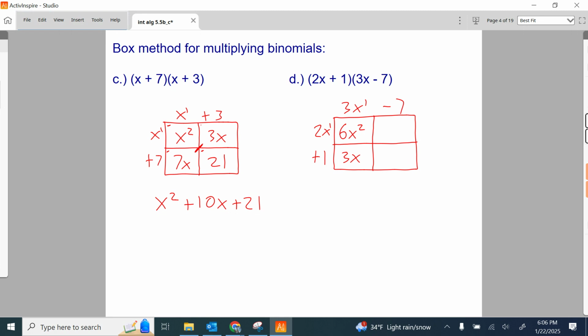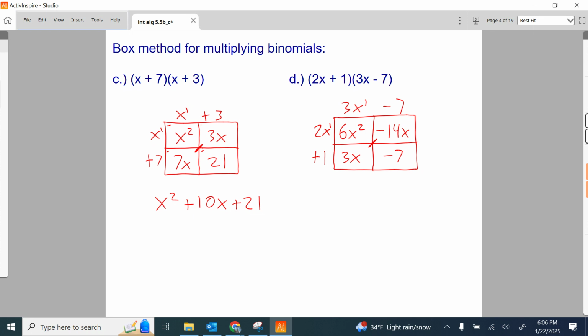Top right in my box is going to be 2x times negative 7, or minus 7, so that's going to create minus 14x. And in my lower box here, I have positive 1 times minus 7 is going to create minus 7. All right, I have all the parts of my box filled out. Diagonally, I'm going to combine like terms.